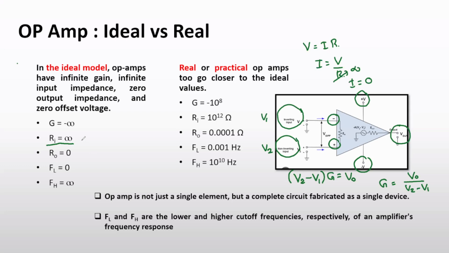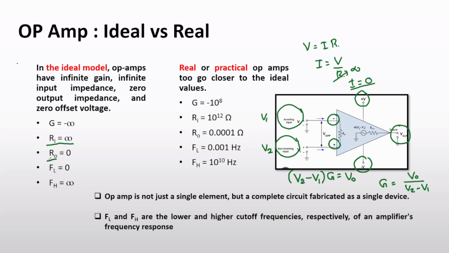So if the input resistance is infinite, the current flowing into the op amp is 0. I'm just discussing the ideal mode.